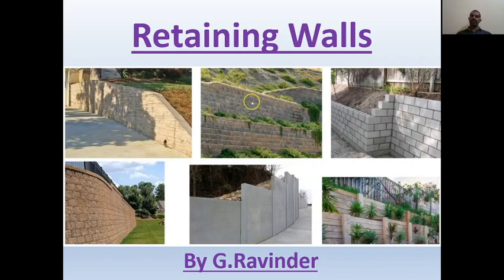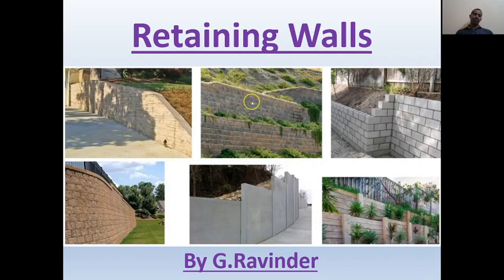We started with the retaining wall: what is the definition of a retaining wall, and where retaining walls are generally used. As we said, in highways and railways, and in hilly areas.